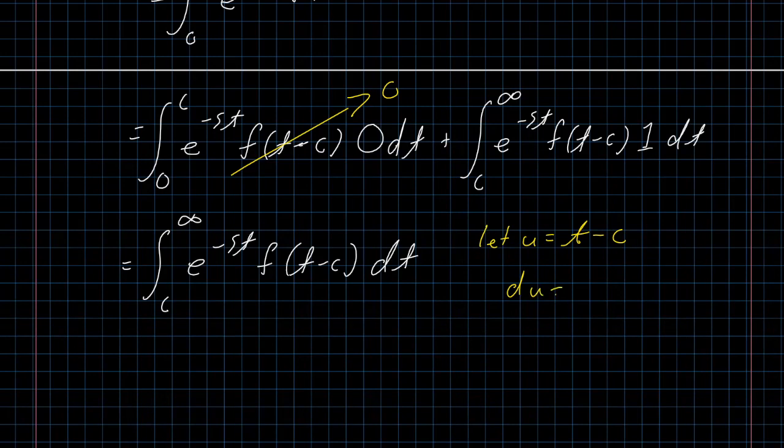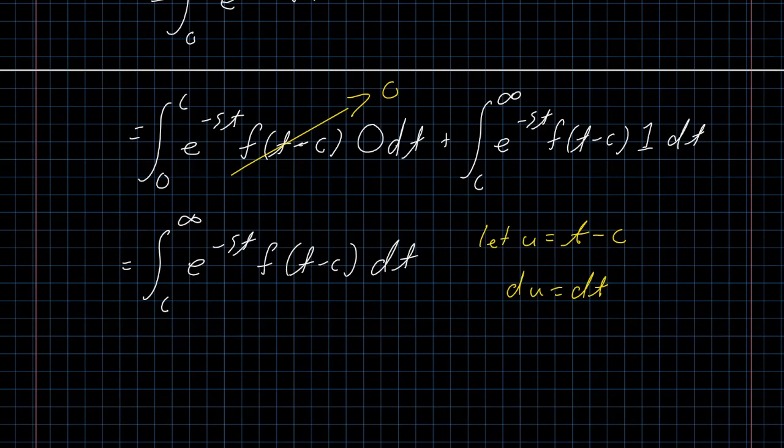Of course, du is equal to dt because c is a constant. And when t is equal to c, u is equal to 0. When t is equal to infinity, u is equal to infinity.